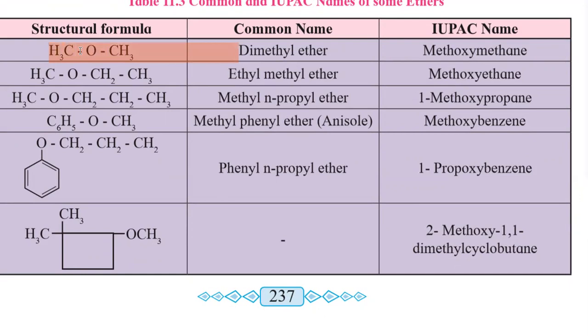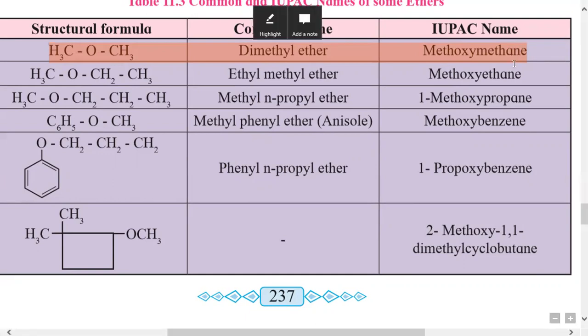Here both alkyl groups are methyl, therefore we use dimethyl, and then the name ether is given. So the common name is dimethyl ether. For the IUPAC name, one alkane part is methane and the other alkoxy group is methoxy. While giving the IUPAC name, first the name of the alkoxy group and then the name of the alkane part is given. So the correct name is methoxymethane.